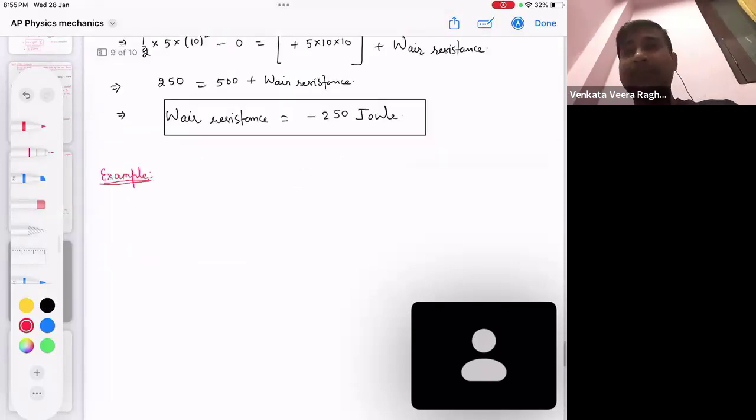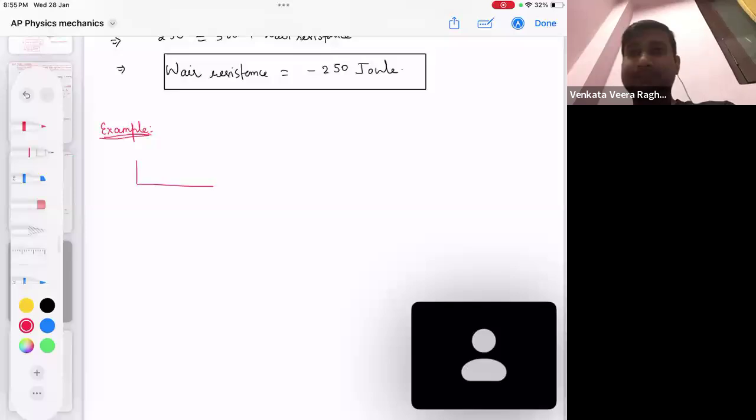Okay. A spring gun is given to us. The spring constant, let's take it 100 Newton per meter, is given to us, and a block of mass 4 kg is pressed against it.